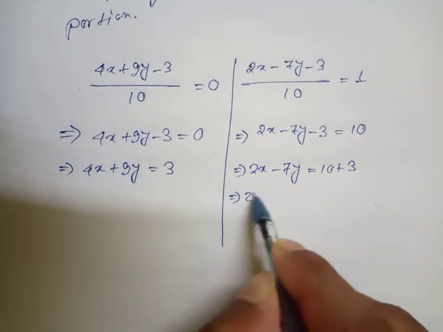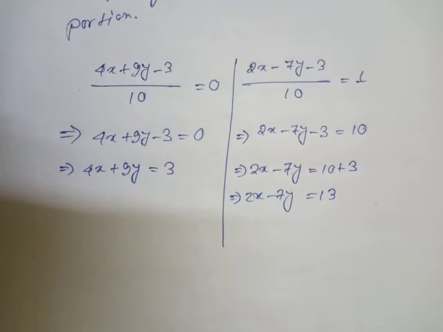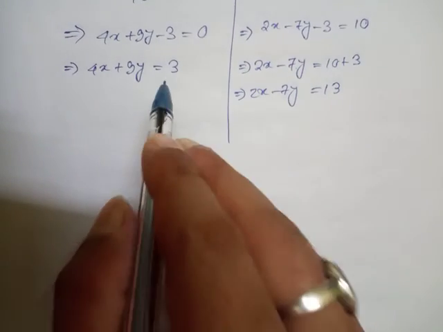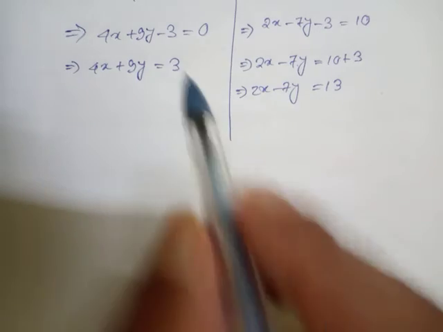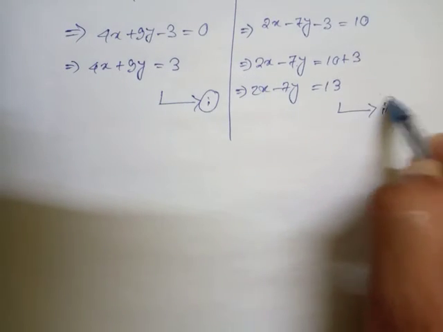Now look student, 2x minus 7y equal to 13. So this is our equation number 1 and this is equation number 2.